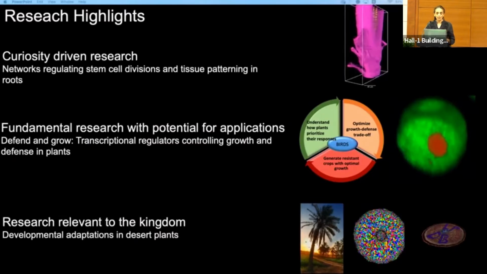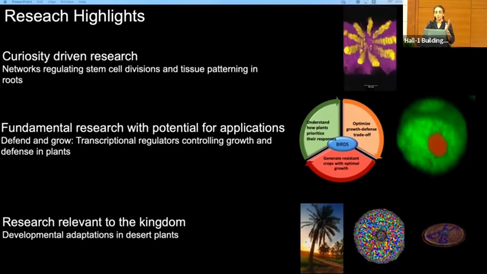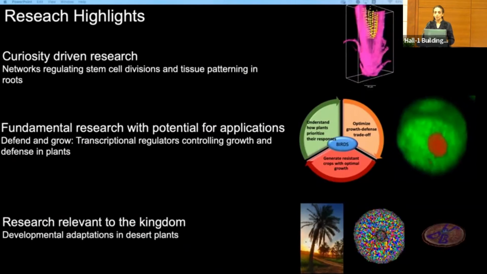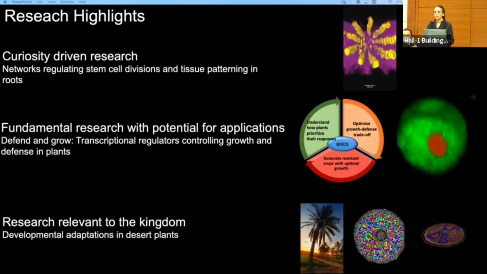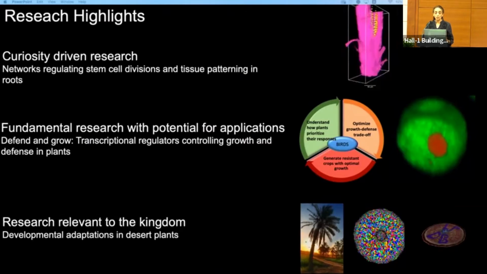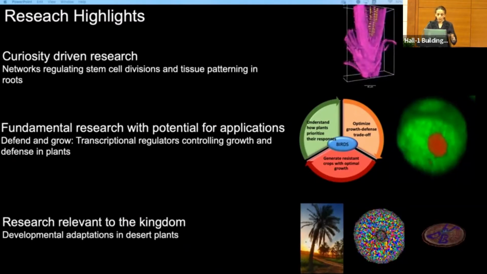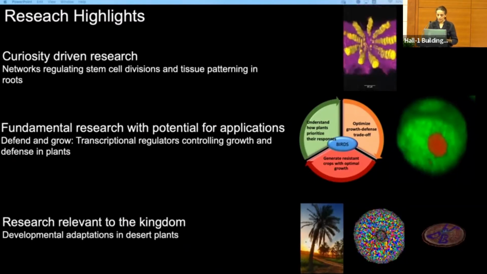We study many aspects ranging from cell biology, developmental biology, and genome editing, with the aim of creating tools for improving agriculture in the kingdom, and not only in the kingdom but also globally, because it's a general question. We need to understand biological processes to be able to translate them into solutions. That's what we do in the lab.